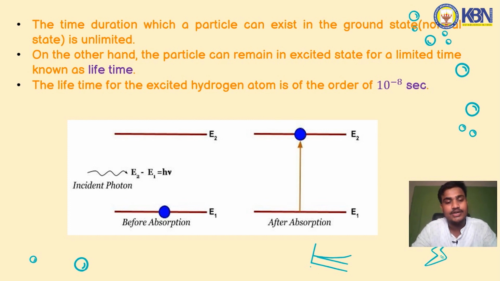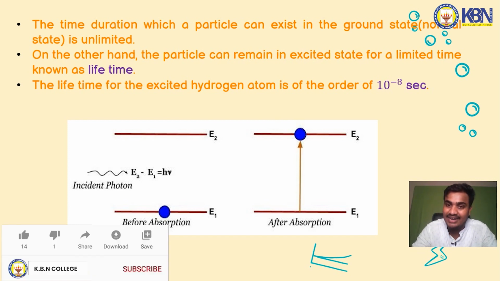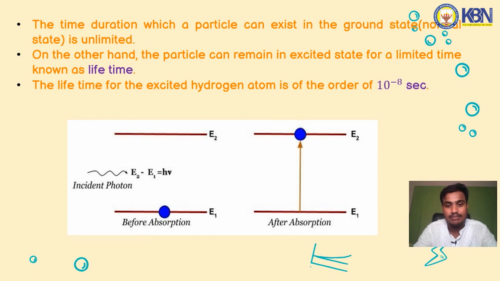The particle can remain in the excited state only for a limited amount of time. If the lifetime crosses about 10 power minus 8 seconds, it comes again to the ground state or the normal state. This is termed as the lifetime of an atom.